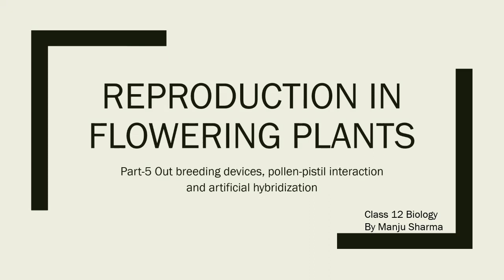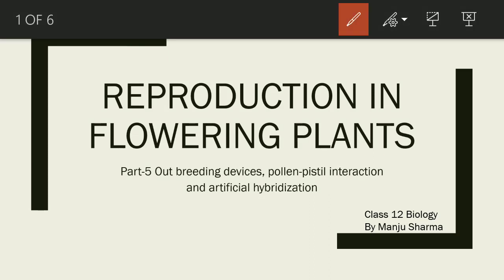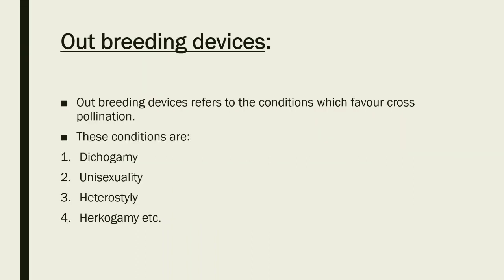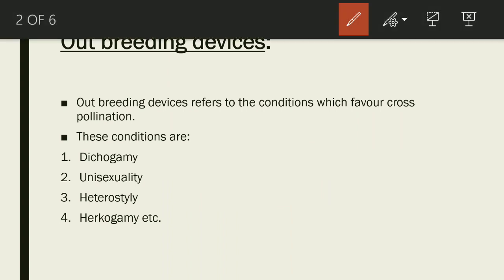I am Manju Sharma. In this video, we will study about outbreeding devices, pollen-pistil interaction and artificial hybridization. So, what are outbreeding devices? The devices or conditions which favor cross-pollination are known as outbreeding devices.